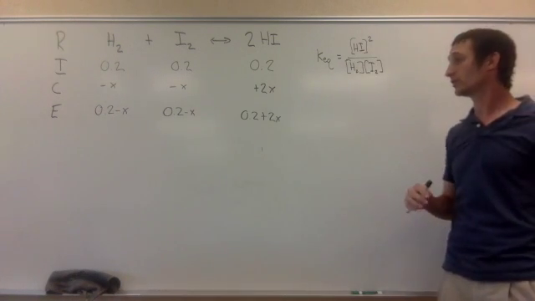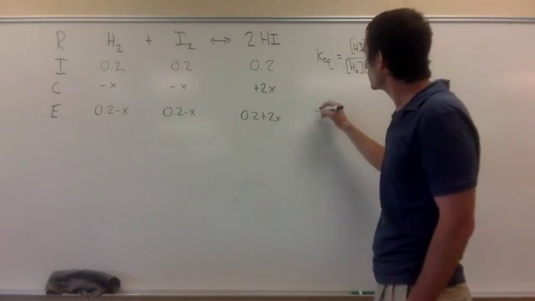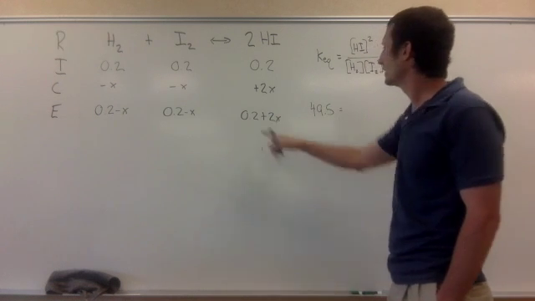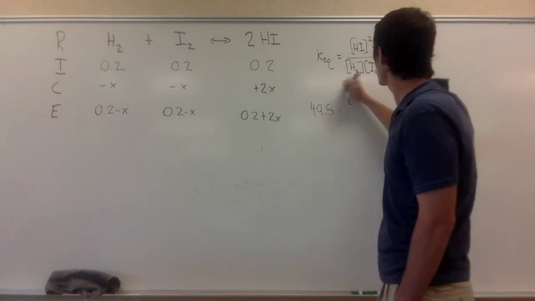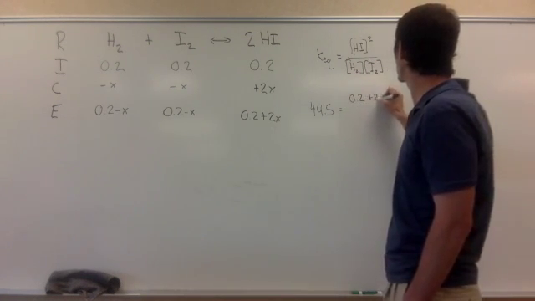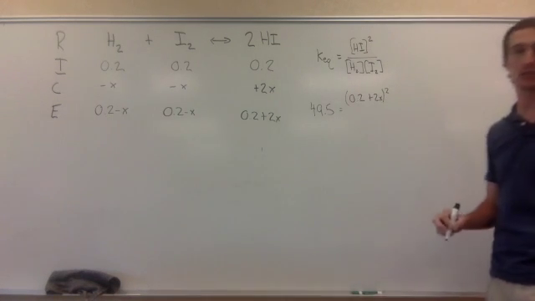Now we're going to substitute. So let's substitute. We know KEQ is 49.5. This is the amount of the concentration of hydrogen iodide. So I'm going to do 0.2 plus 2x. We'll go ahead and put that in parentheses, and that's squared.